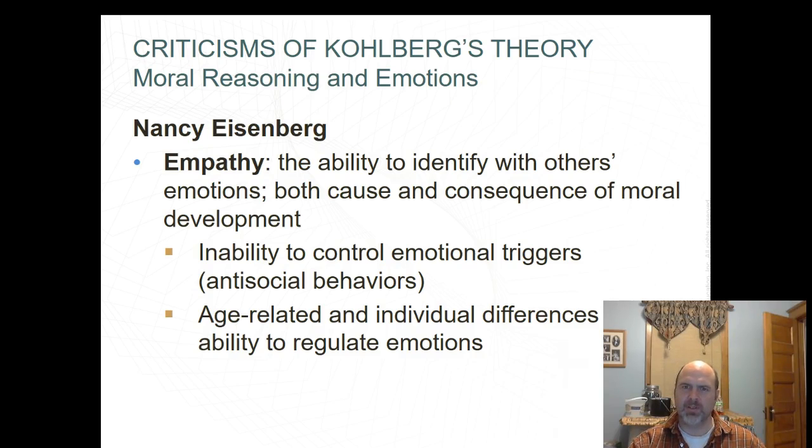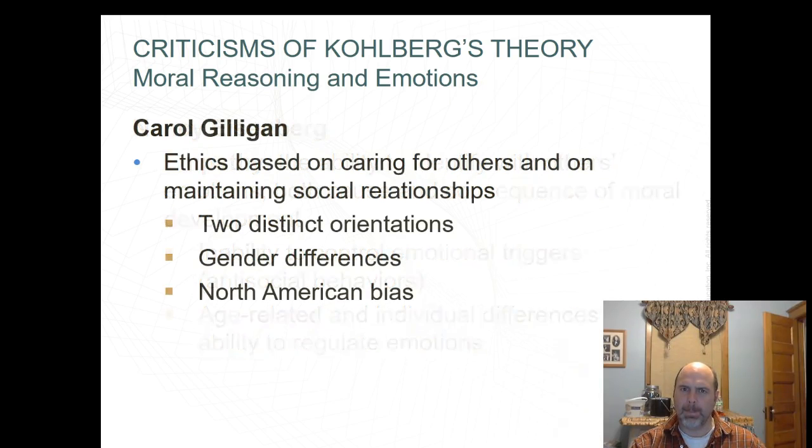That this inability to control emotional triggers leads to antisocial behavior. There are age-related and individual differences in the ability to regulate emotions, which should be considered. Carol Gilligan notes two distinct moral orientations, both the ethic of justice and the ethic of care.